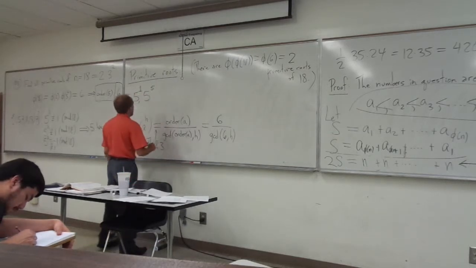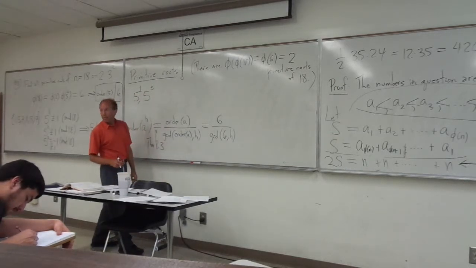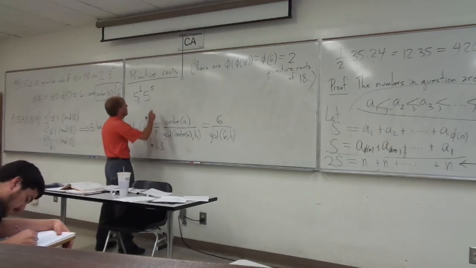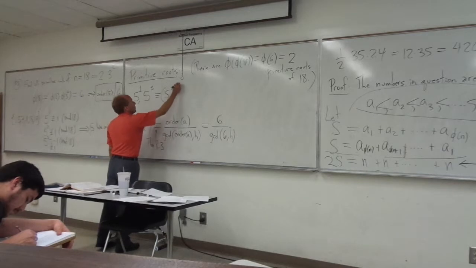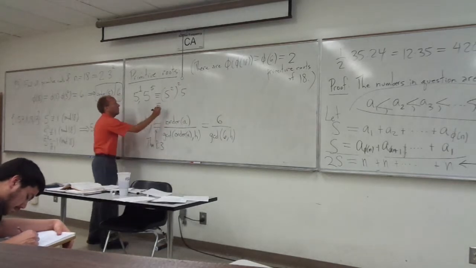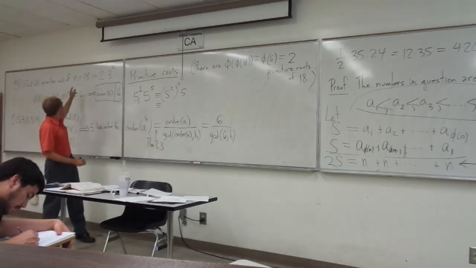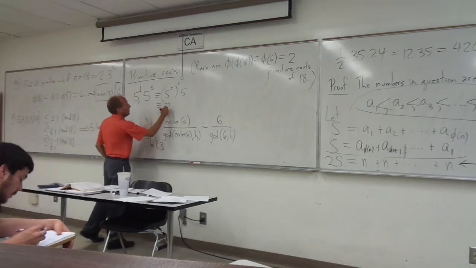5 to the fifth, of course, we could reduce if we wanted to. 5 to the fifth is 5 squared times 5. 5 squared is 25, but modulo 18, it would be 7.